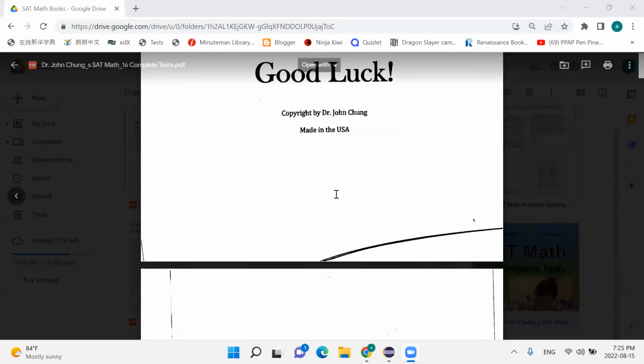It should load better now. Okay, it has loaded.